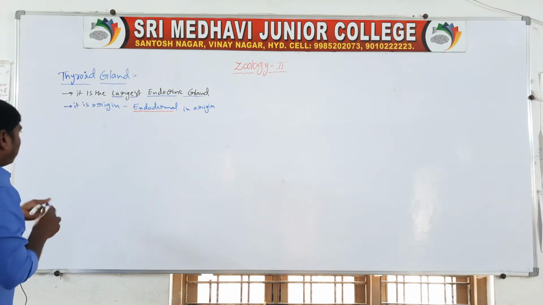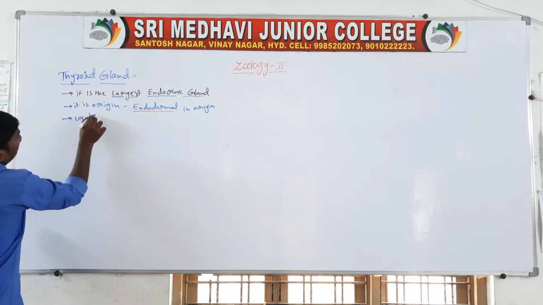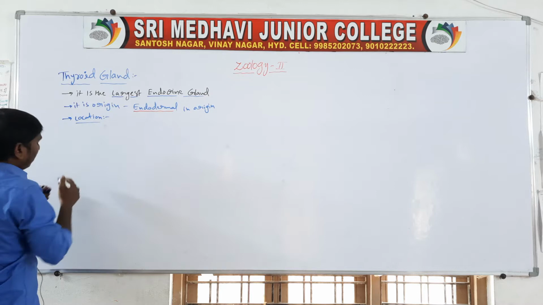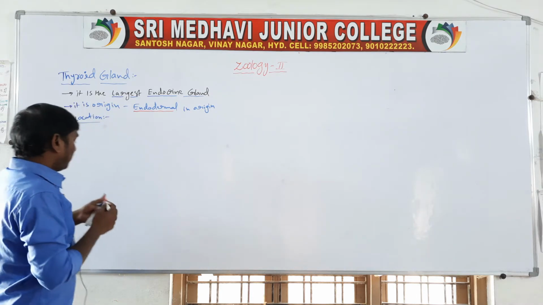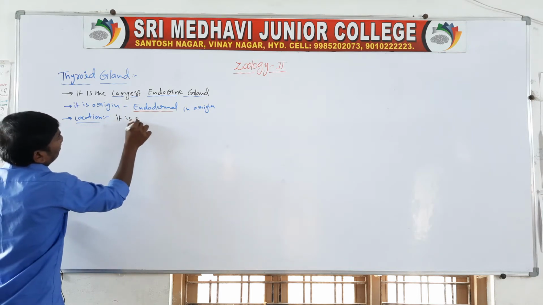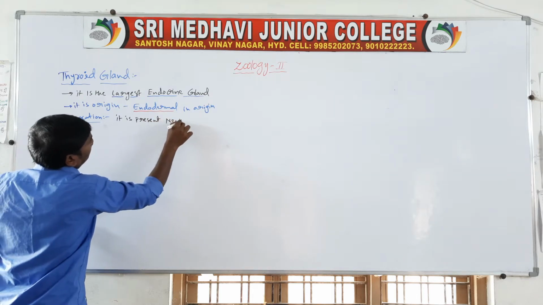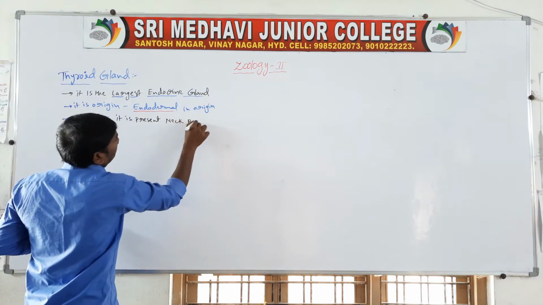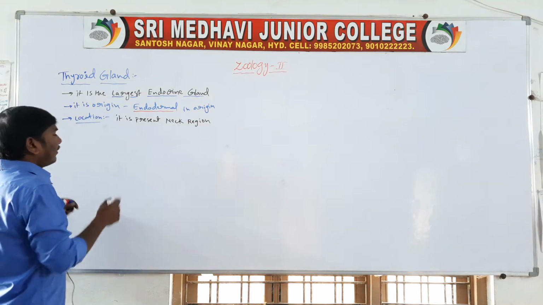Next one, location. The endocrine gland is present in the neck region, near the junction of the larynx and trachea.